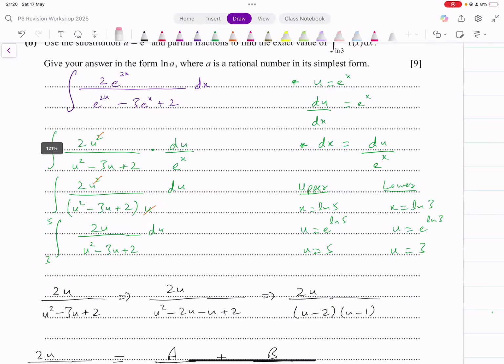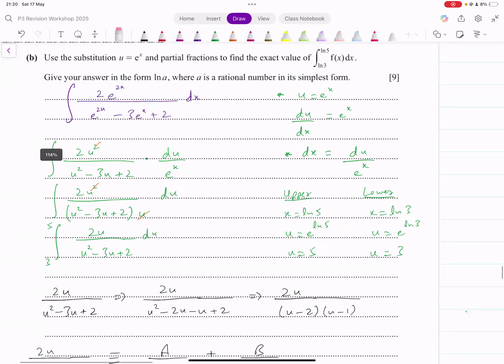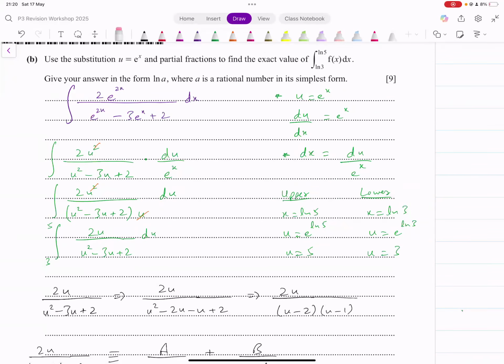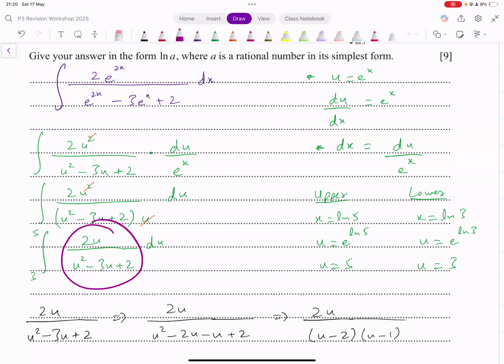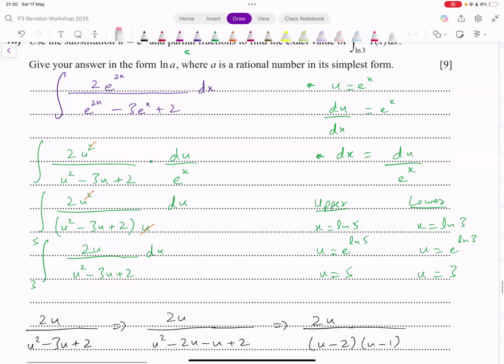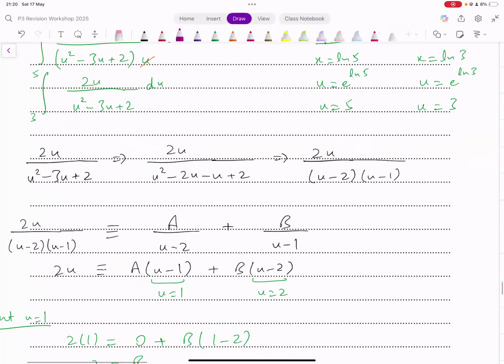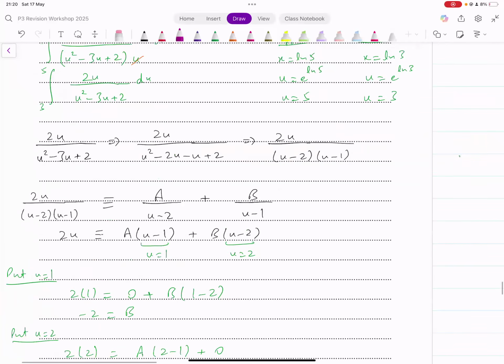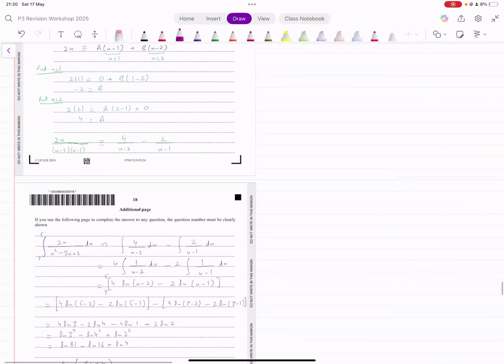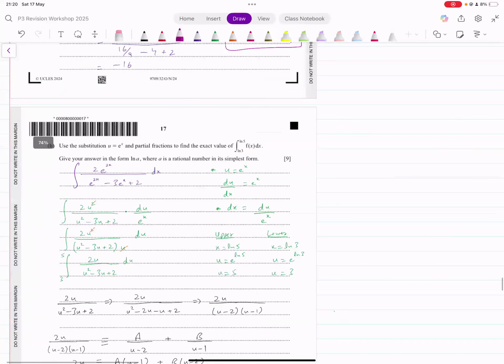Now, in this case, they've given you a hint, but it's not necessary that they would always give you that hint. You would think of this fraction: can you use the ln rule? Tan inverse? Partial fractions? When you think about partial fractions, think about whether you can factorize the denominator or not. In this case, you can, so you should do that. Next, you just do it using partial fractions and then simplify everything. That's a pretty long working. They want an answer in this form, ln a.